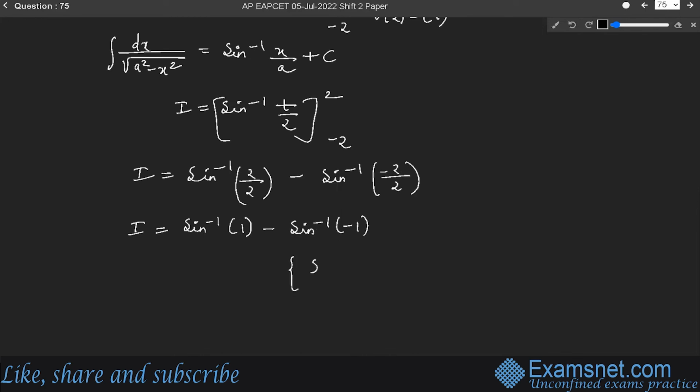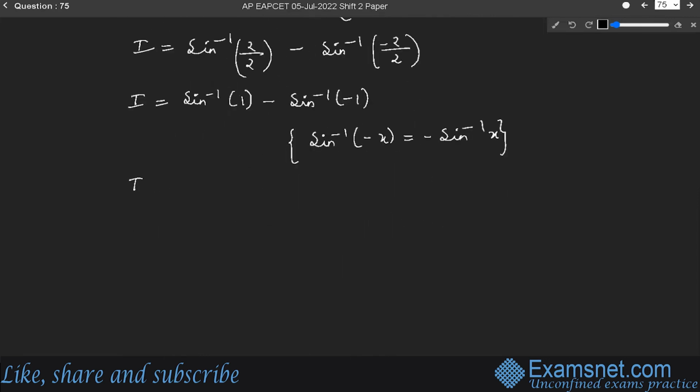We know that sine inverse of minus x is equal to minus of sine inverse x. So further this expression will be I is equal to sine inverse 1 plus sine inverse 1.